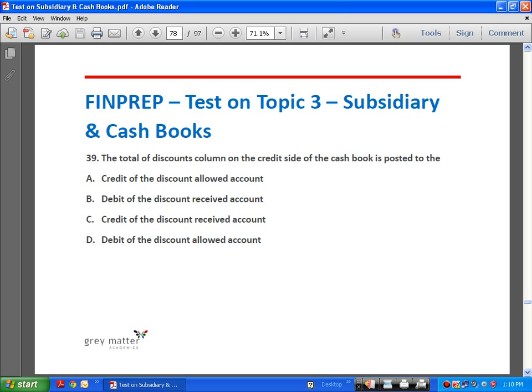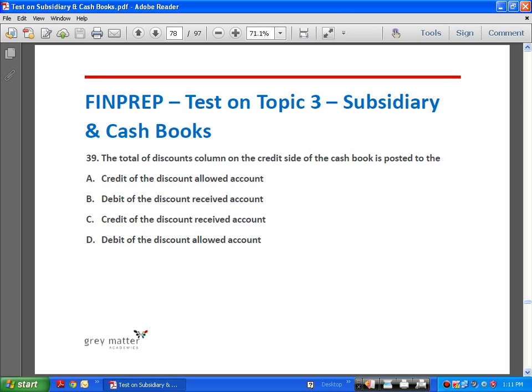Okay. The total of discounts column on the credit side of the cash book is posted to, okay, so on the credit side of the cash book we have the discount received column, right? Because as I told you, the credit side of the cash book records all cash payments, and so when we pay creditors, we record it on the credit side, and if we make a prompt payment to creditors, we get a discount.